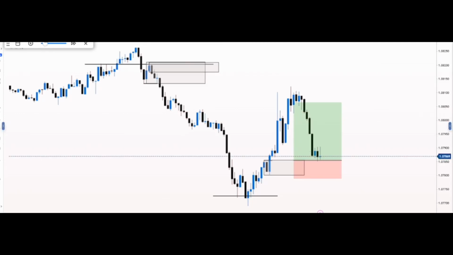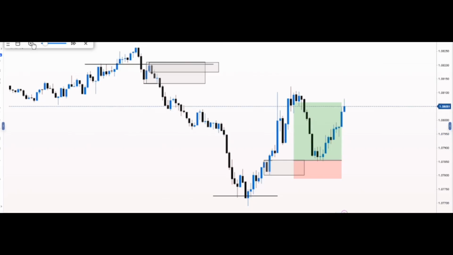Okay, we have been activated now, so we don't know whether it will go our way. Okay, so simple stuff, guys. Can you see that? It has smashed our take profit easily.